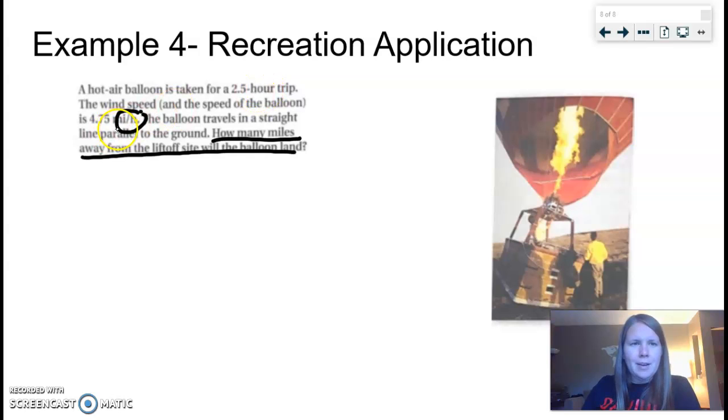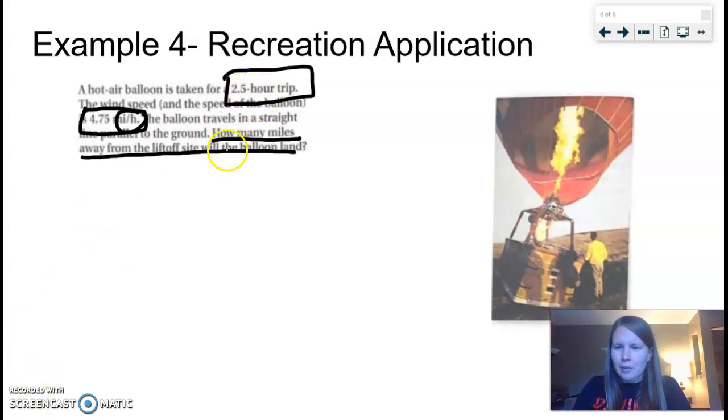So I'm betting that we're going to need either multiplication or division. I'm also thinking about my 2.5 hours for the trip, and we have 4.75 miles per hour. Or sorry, 2.5 hours. I think I said miles.